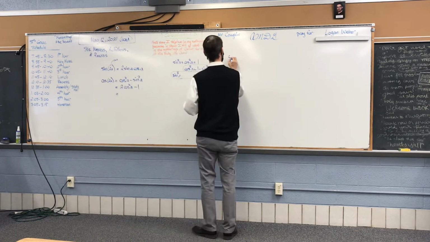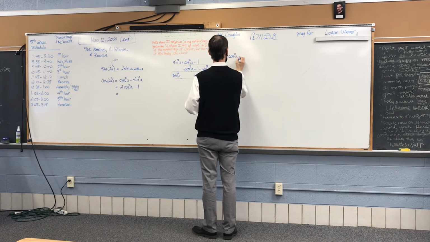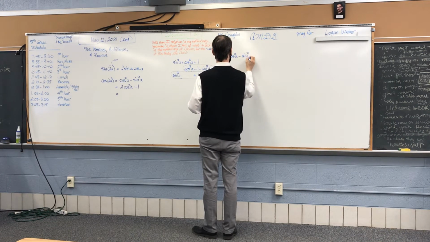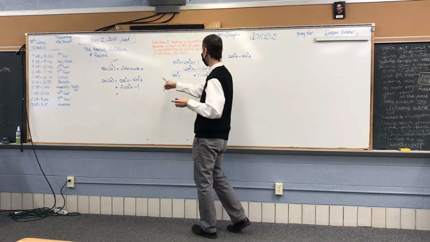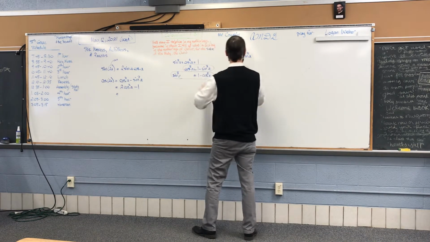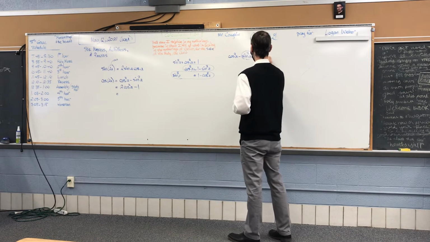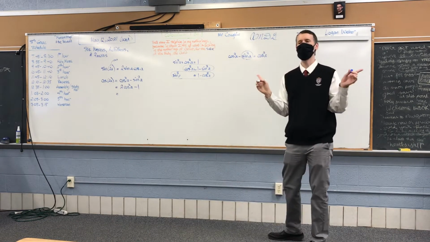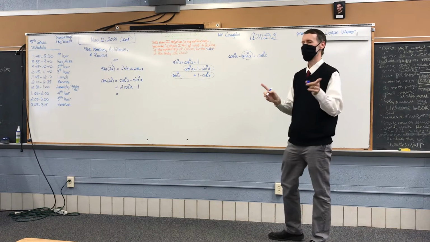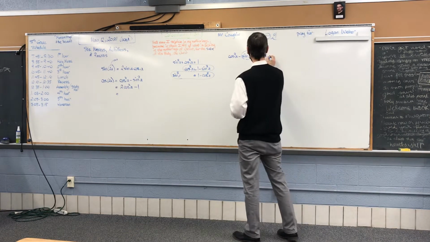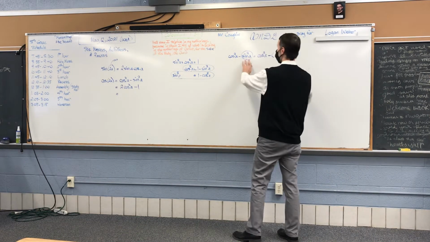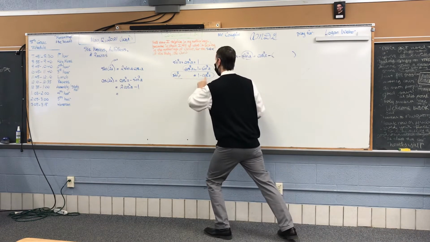Let's just say we have cosine squared of a minus sine squared of a. I think I did plug in the sine squared. So it's cosine squared of a. If you already have this in your notes, you don't have to write it. If you don't have it in your notes, you might want to write it down, because this is how we got the original formula. Minus, and then just replace this.